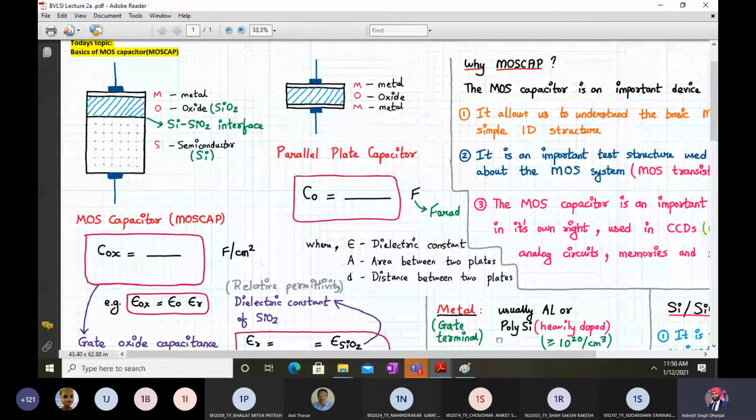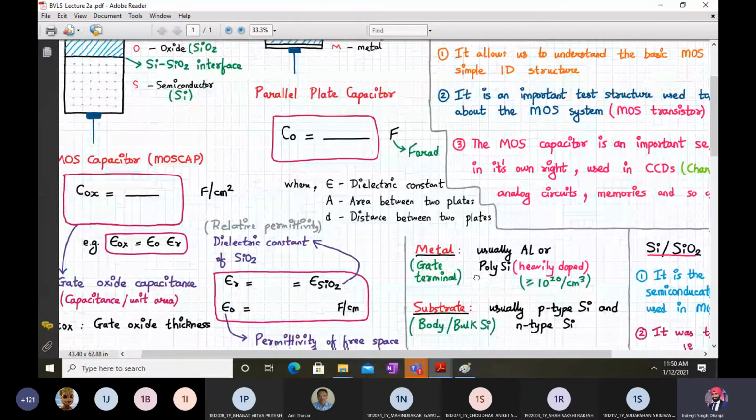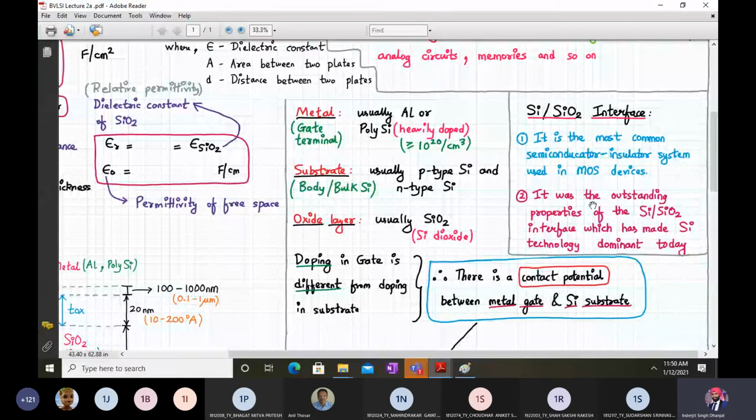So it was the outstanding properties of the SiO2 interface which has made silicon technology dominant today. If you look into the technology being adopted worldwide, we have silicon still dominant. Now, let me talk about something over here now. Very important concept.